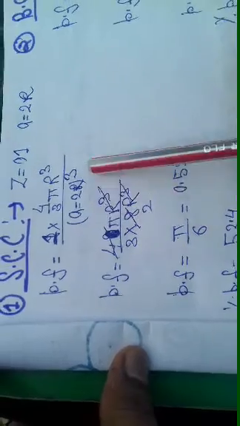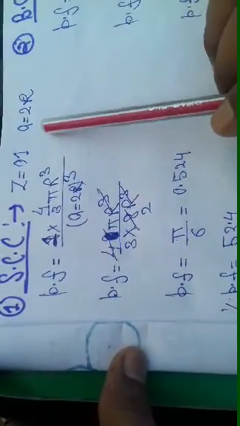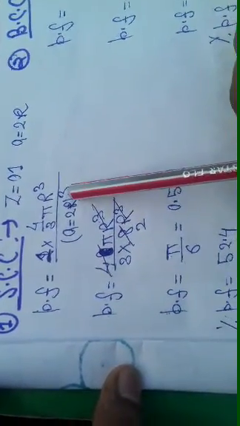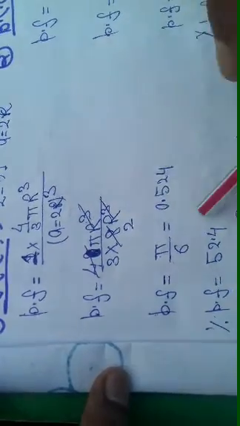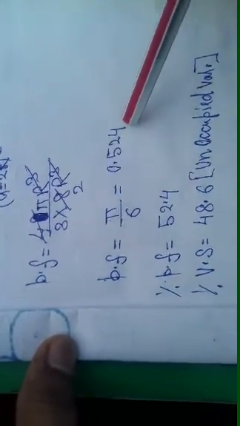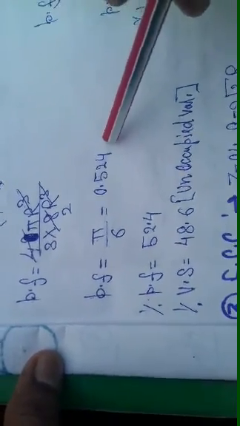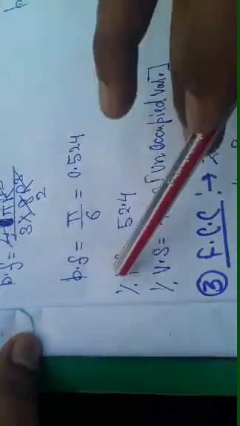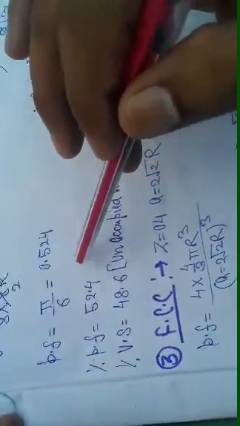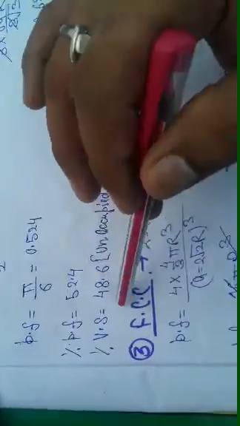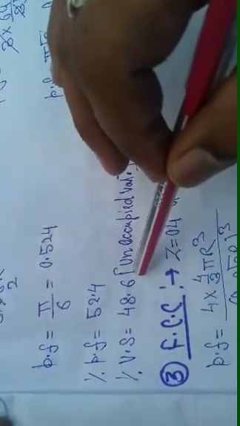We put in the relation of edge length and radius, cube it, and solving, we find pi by 6, which is equal to 0.524. This is the fractional value, and multiplying by 100 gives the percentage value, 52.4%, and the vacant space, the unoccupied volume, is 47.6%.